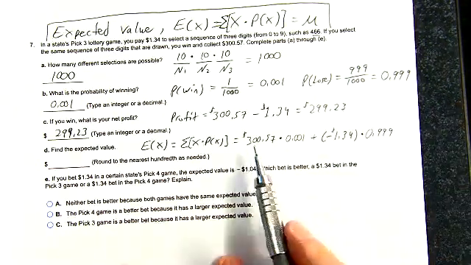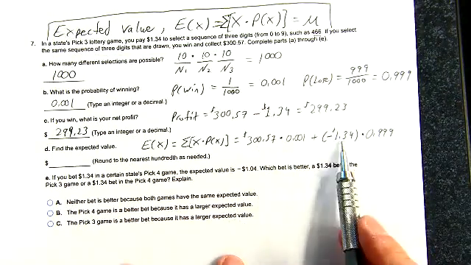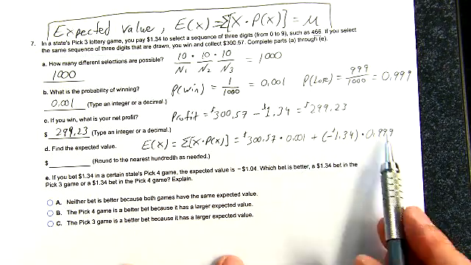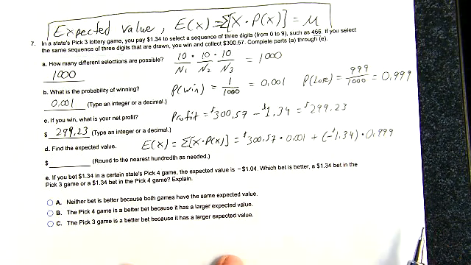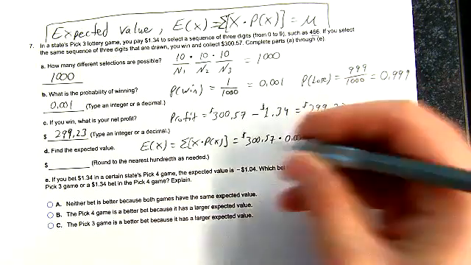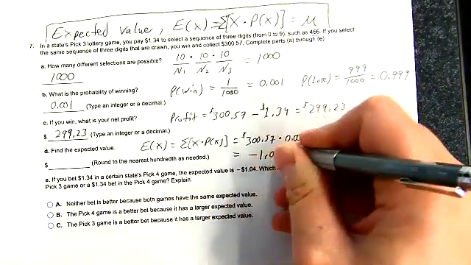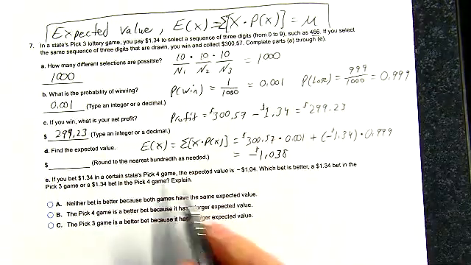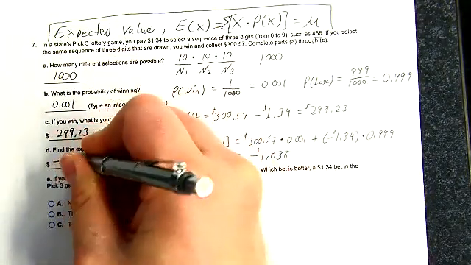So notice, big positive number times a really small decimal, small negative number times a comparatively very big decimal, right? This is 900 times bigger than that. And if you do this math out, you will get your expected value is negative 1.038. And you're going to round to the nearest penny. So you would call it negative 1.04.